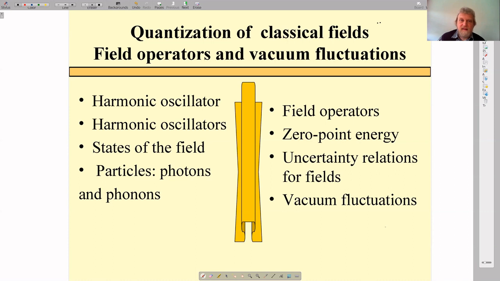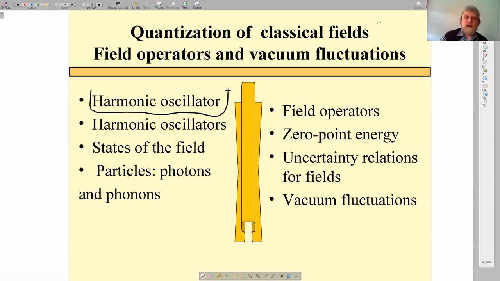Once we have done this, the quantization is a piece of cake. Basically, just assigning hats to classical values, promoting them into operators. And we start with describing this procedure for a harmonic oscillator first, for a single oscillator.